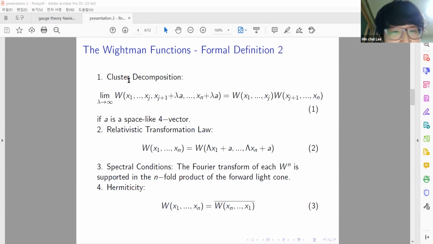First, the cluster decomposition means that, so I believe that some of you do not know what a space-like vector means. It just means that this vector points to a point in space-time that is not causally connected to the origin.